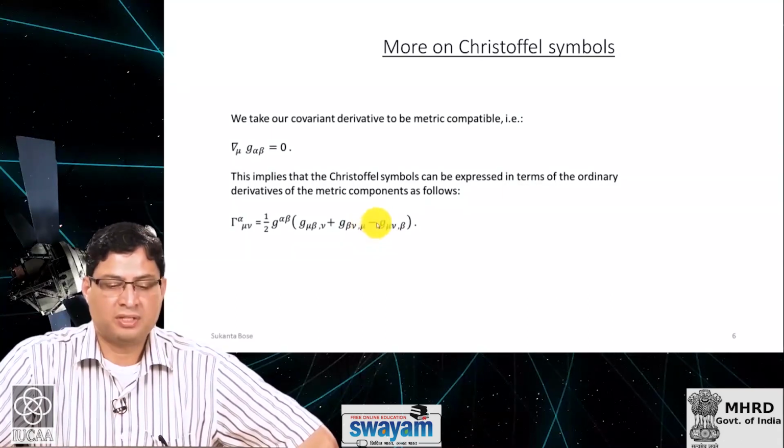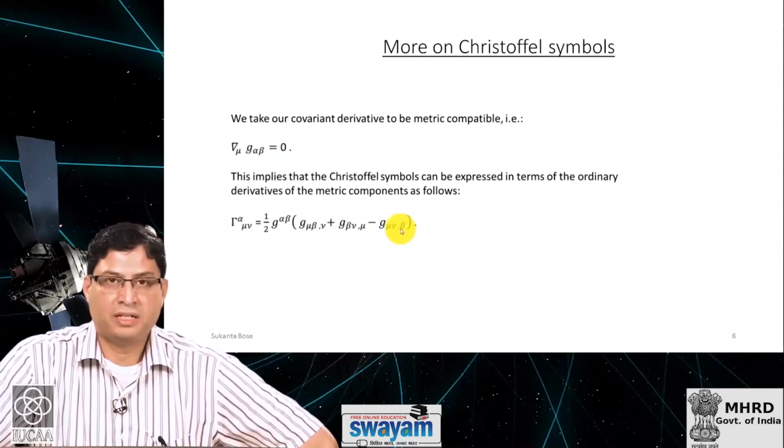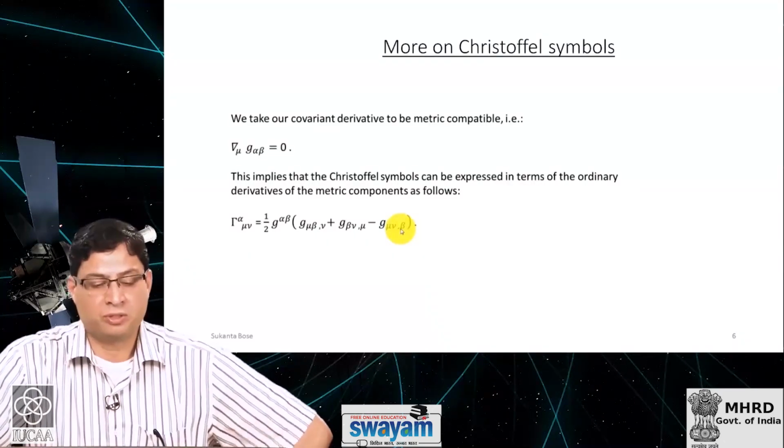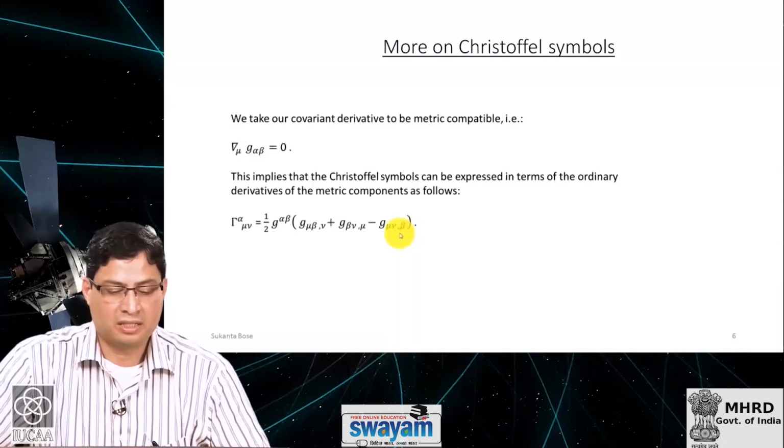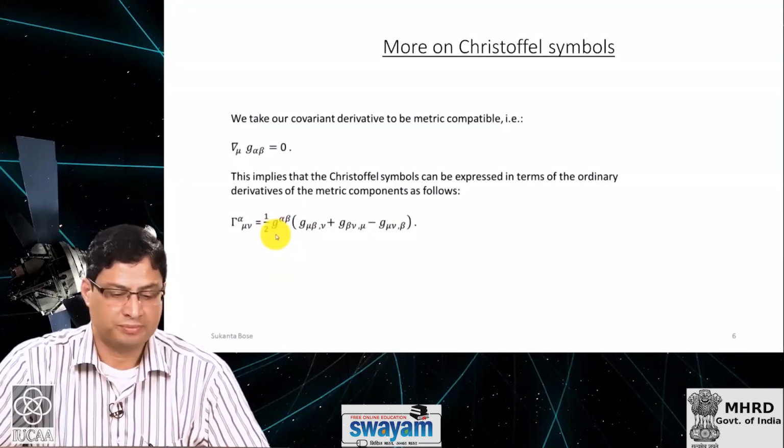The one with the negative sign has this metric components with the same indices mu and nu as the lower indices of the Christoffel symbol. Okay. So the derivative index, namely comma beta, which is actually ordinary derivative with respect to x beta, is the index that is summed with the beta on top on this inverse metric component.